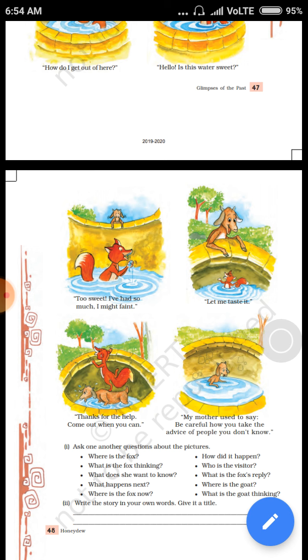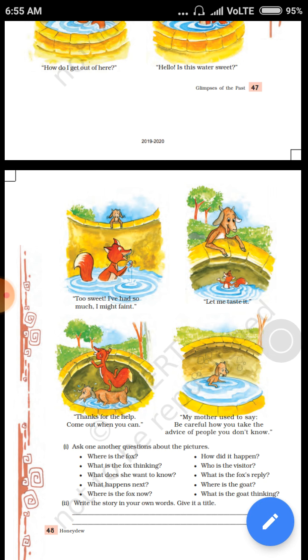What is the title? The Fox and the Goat. You can write another title: A Very Clever Fox. Yes. So you can think of other titles also.